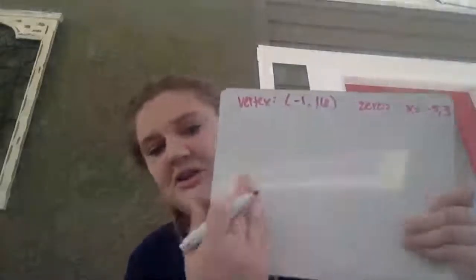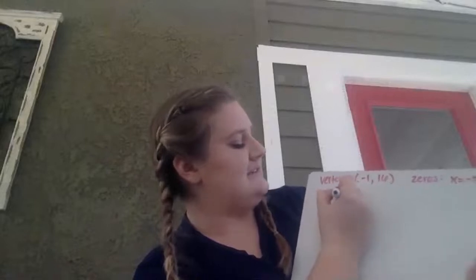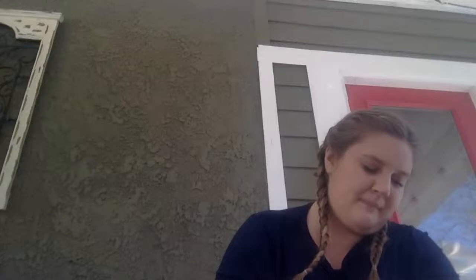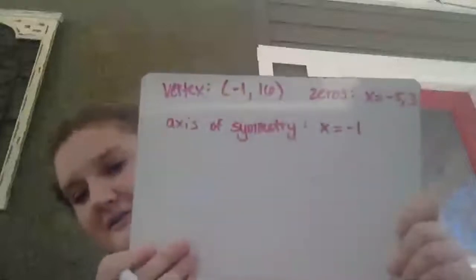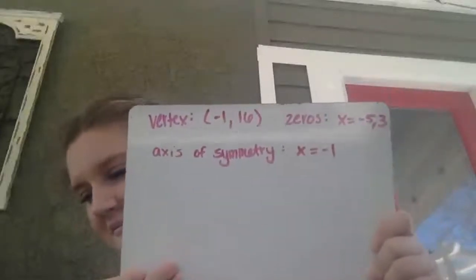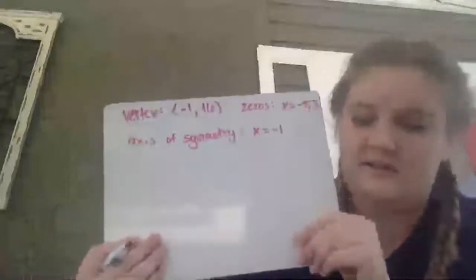And we know that our axis of symmetry goes through our vertex at our x value. So that means our axis of symmetry is x equals -1. And that's for number F. And we know it's a maximum because it's concave down.